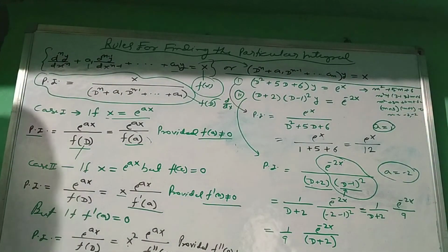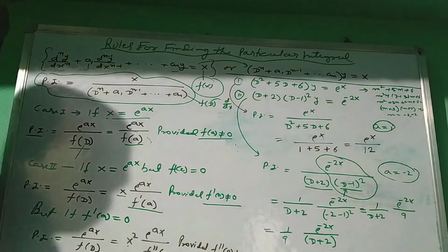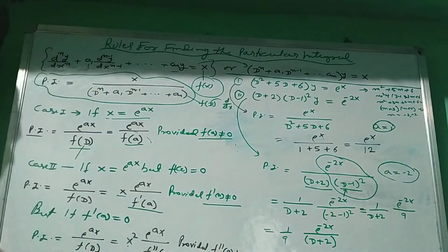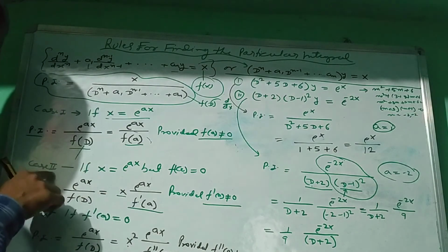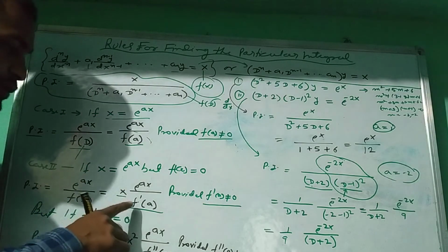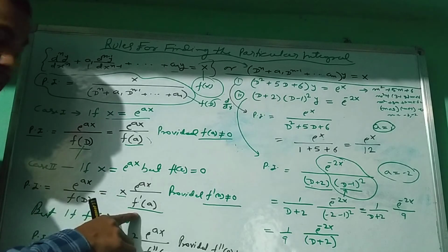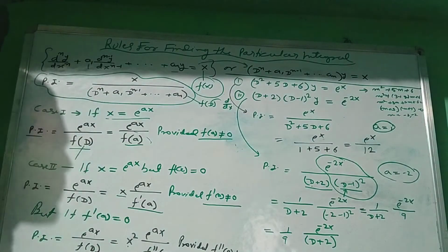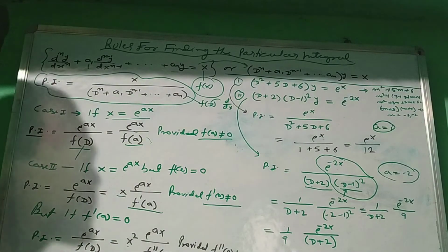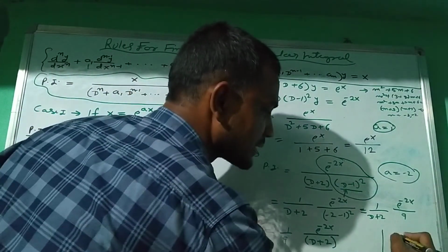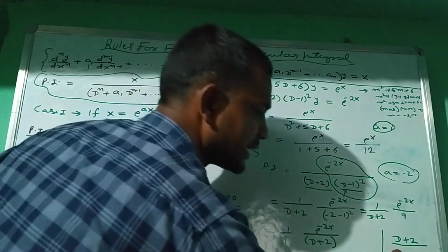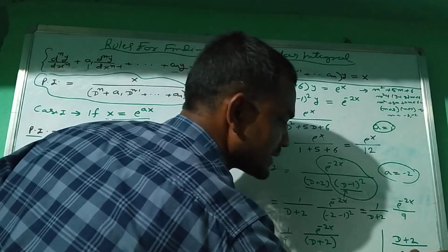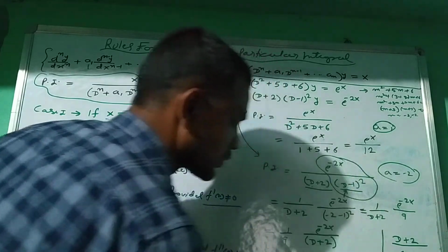So the further process for calculating the particular integral is, now we can use case second. First we differentiate the denominator part, and then we put the value of a in place of D. So the differentiation of the denominator part D plus 2 with respect to D is 1 plus 0. So the differentiation of the denominator part is 1.